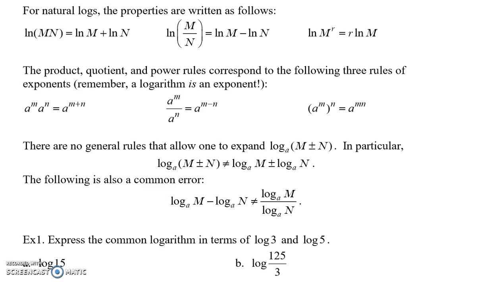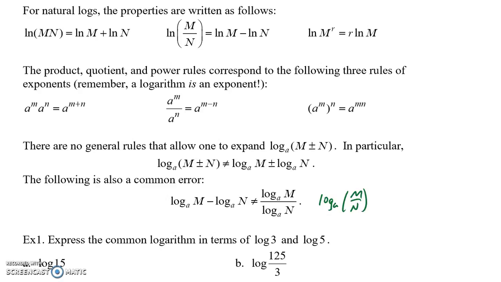Another common error that's made is to write a difference of logarithms, log of m minus log of n, as a quotient of two logarithms. Now, the quotient rule for logarithms would actually have us write a difference as a single logarithm of a quotient, not as a quotient of two logarithms.